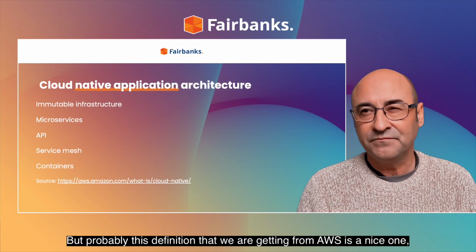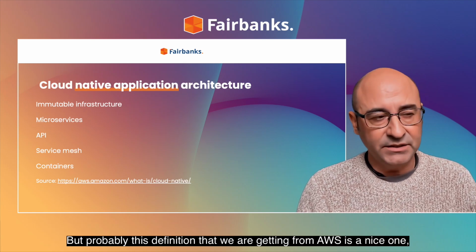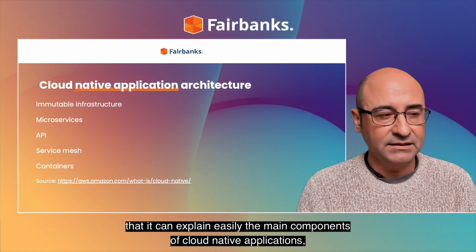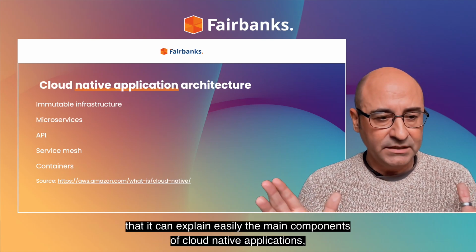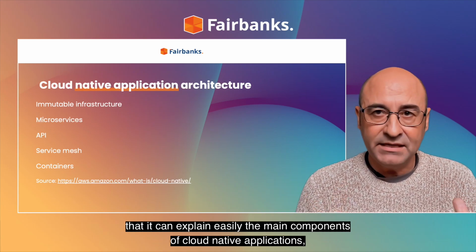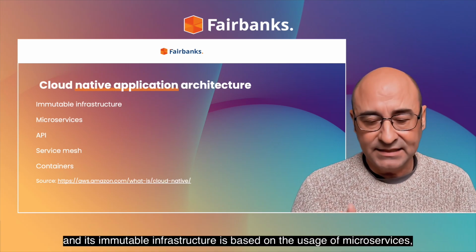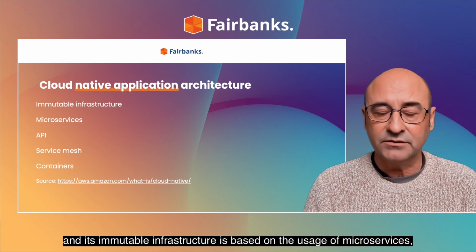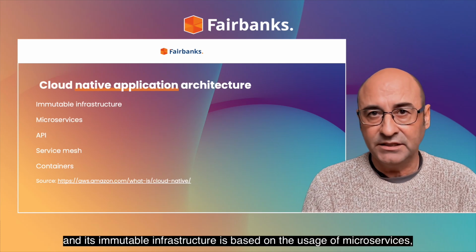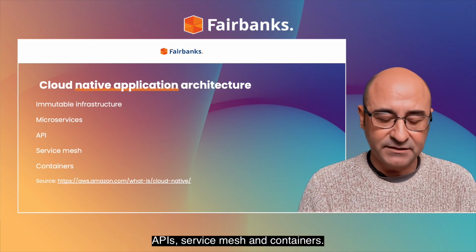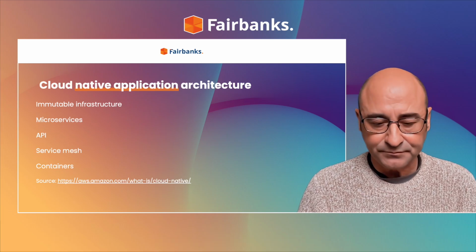But probably this definition that we are getting from AWS is a nice one, that can easily explain the main components of a cloud-native application: the immutable infrastructure is based on the usage of microservices, APIs, service mesh, and containers.